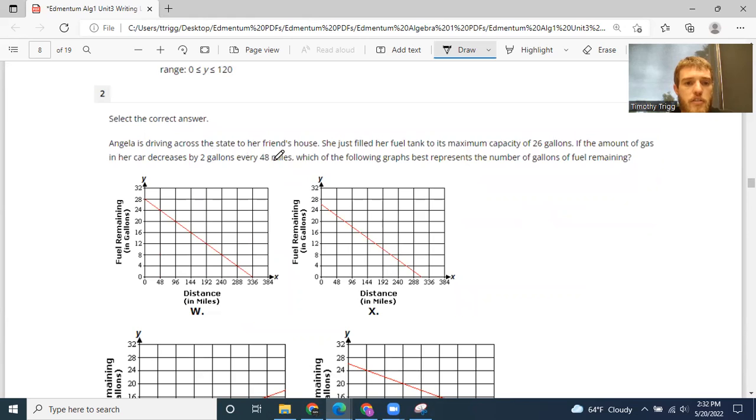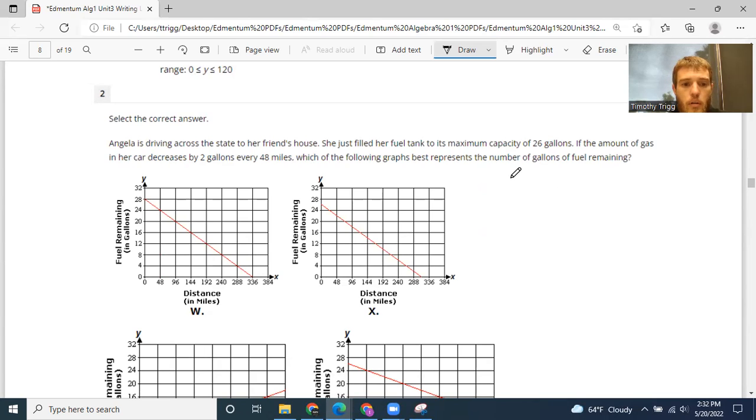Angela is driving across the state to her friend's house. She just filled her fuel tank to its maximum capacity of 26 gallons. If the amount of gas in her car decreased by 2 gallons every 48 miles, which of the following graphs best represents the number of gallons of fuel remaining?